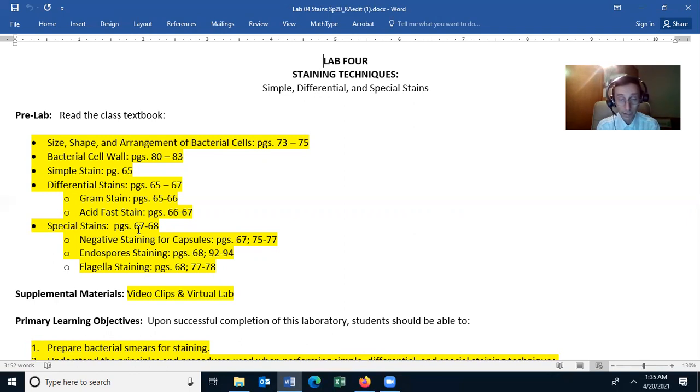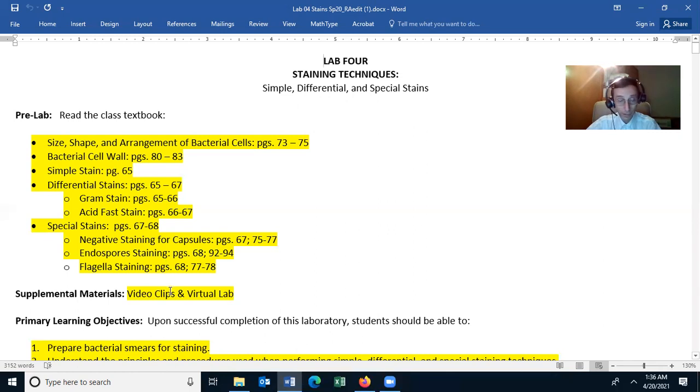Normally the flagella are so thin and hair-like that when we see them under the microscope, even if the cells are stained, we cannot see the flagella. And there are procedures called the flagella stains that allow you to view the flagella. So you need to read about that.